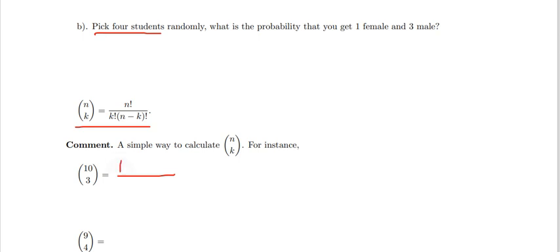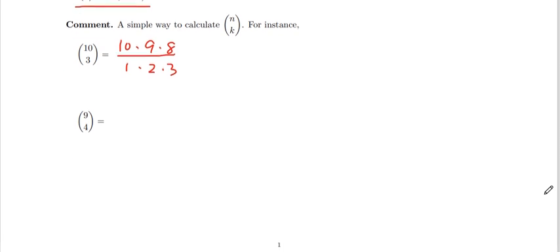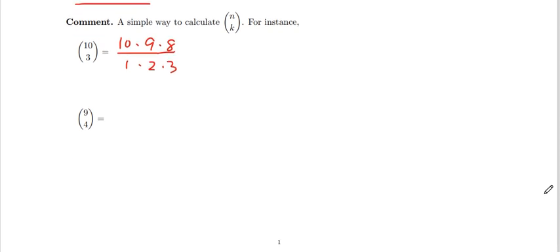This just multiplies 3 numbers, starting from 10: 10 times 9 times 8. And the denominator we also multiply by 3 numbers, but those 3 numbers start from 1. So we use this to do numerical calculation.